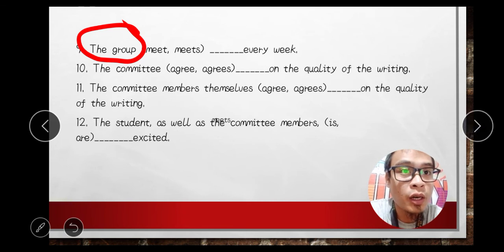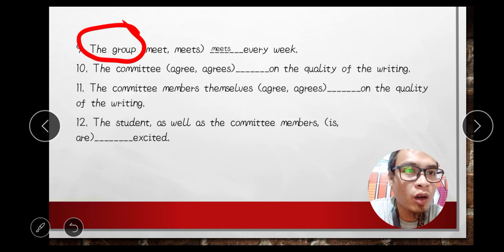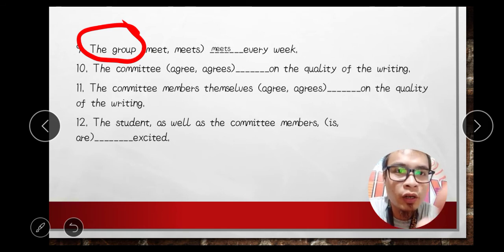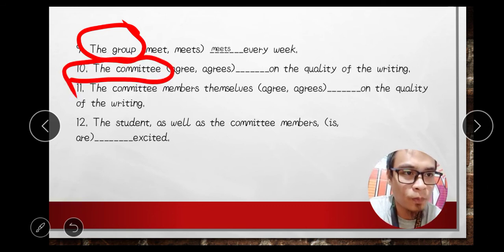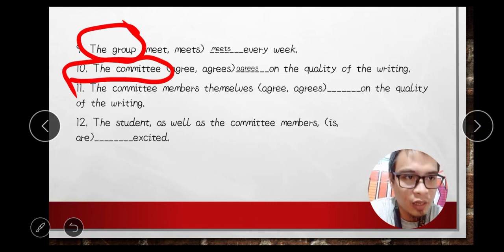So therefore, meets, because that is singular, collective noun. Number 10, the committee agrees on the quality of the writing. The committee in here is again a collective noun which acts as a group. Therefore, committee is singular, which needs a singular verb. The answer is agrees.